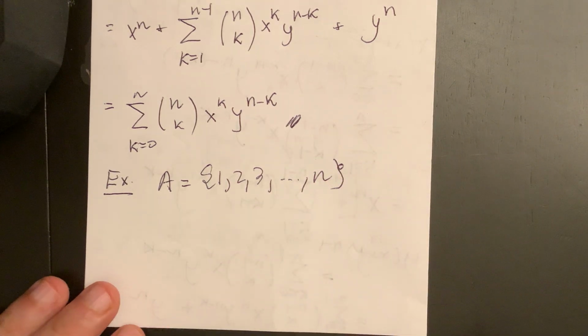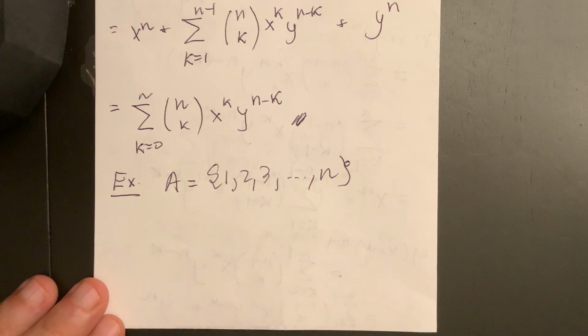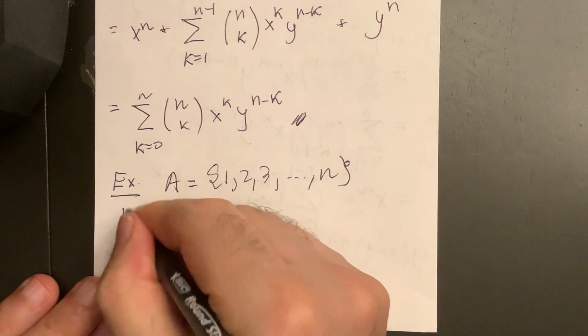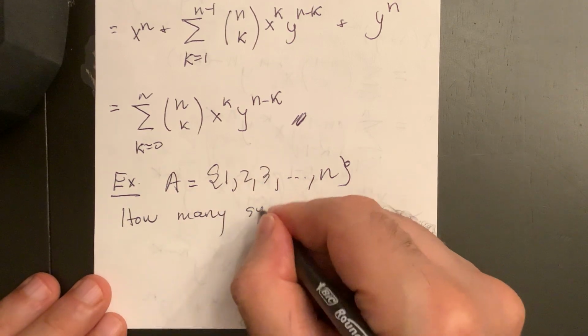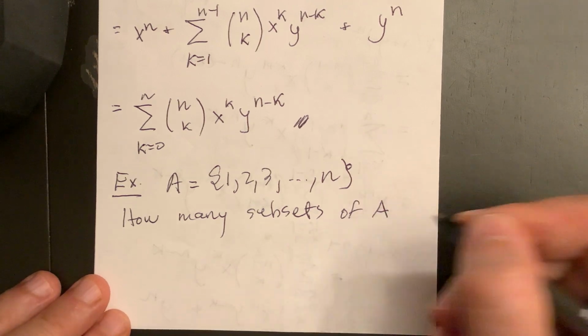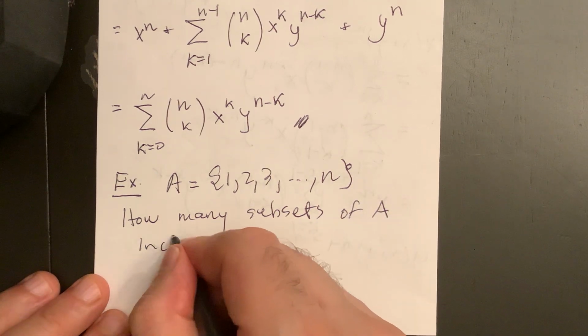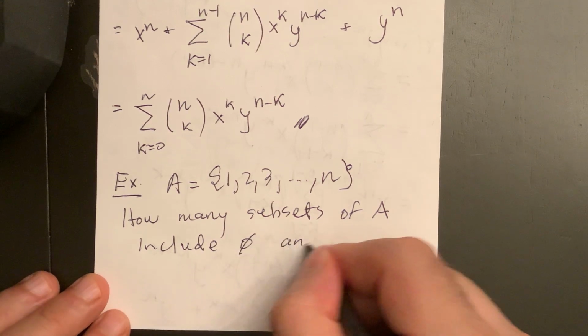Okay? Then how many subsets are possible of A? So how many subsets of A? And we'll include the empty set and A itself.